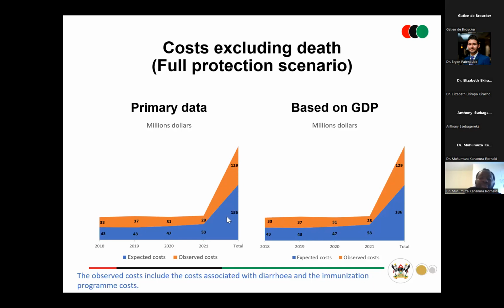So the blue shows what we expected, and the other color shows what we actually spent. And so if you get the difference, definitely it gives you the net benefit.